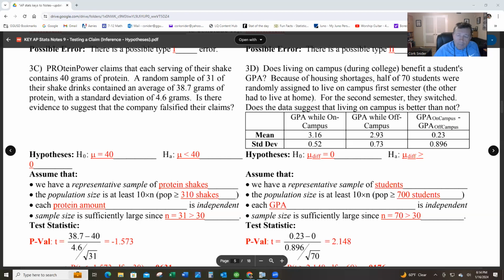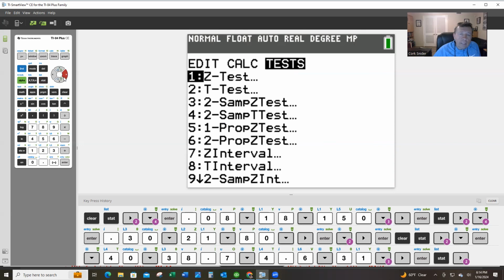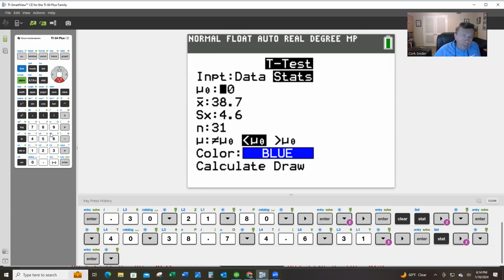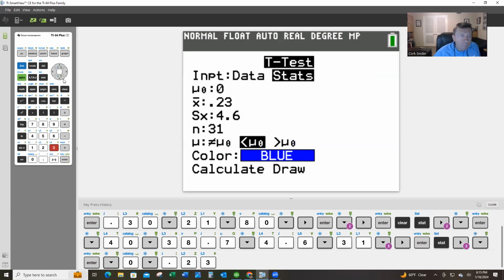All right, so let's go to the calculator. Stat, tests, t-test. Okay, 0 is the reference number. And 0.23 was the average difference. And then 0.896 is the next one here.